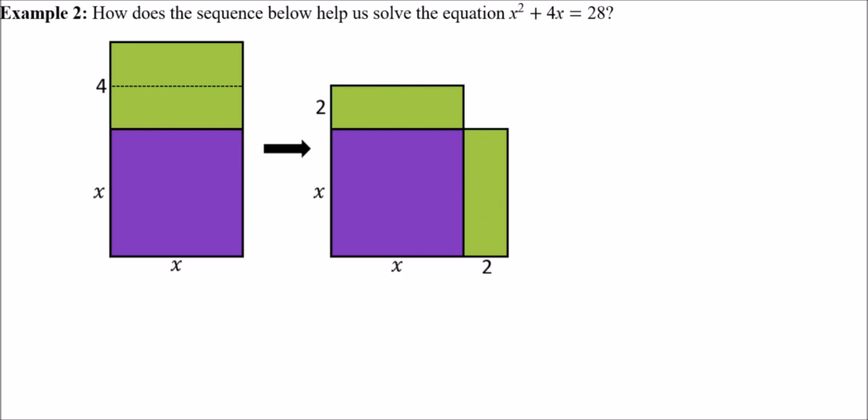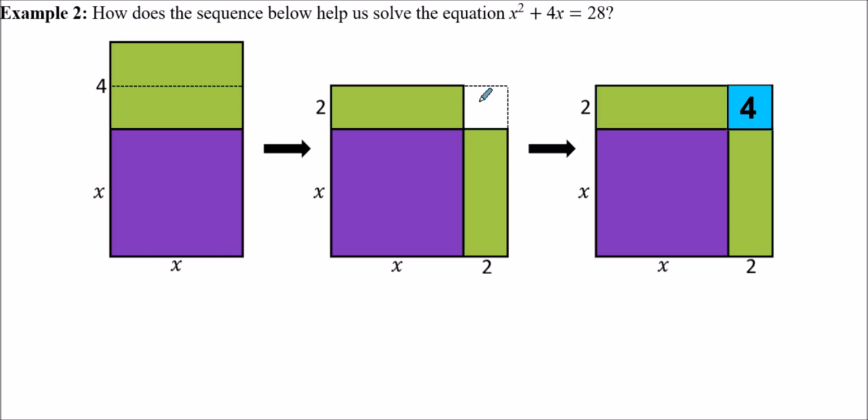This now is an incomplete square. As you can see, that's missing. And so what we need to do is complete it in a moment. This one here has to be completed with a little square of area 4, because this one's 2, and that bit's 2 as well. 2 times 2, we've got a missing bit, which is 4. So that's the incomplete square. This is completing the square.